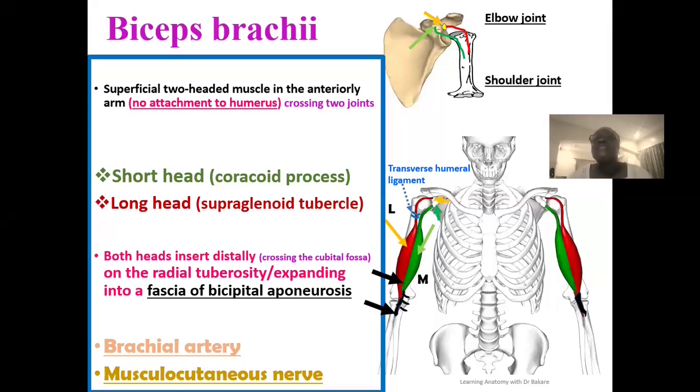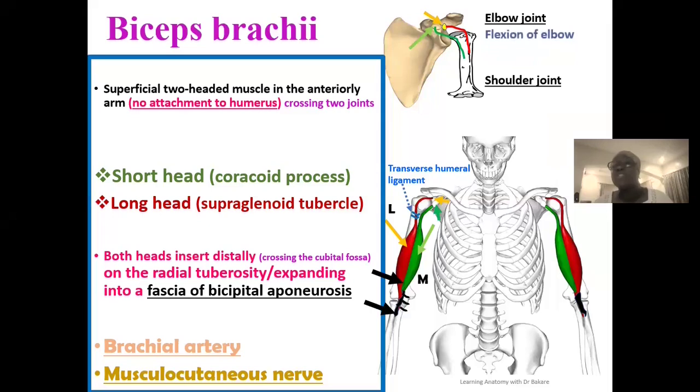And it is also seen to have effect on the shoulder joint because the tendon of this muscle is seen to also cross this joint before it finally inserts on the coracoid process, also the supraglenoid tubercle. So for the elbow joint, it is seen to exert flexion and also supination. While in the shoulder joint, it is seen to exert flexion also, adduction and also abduction.